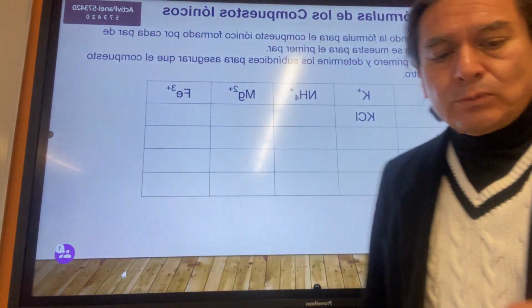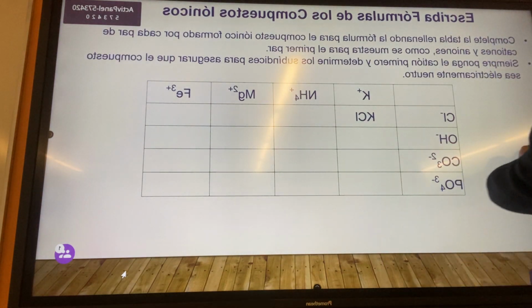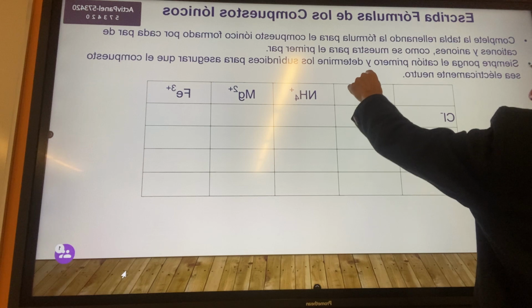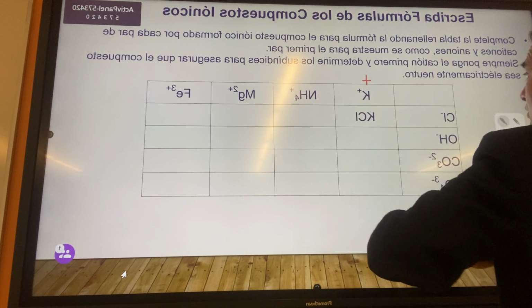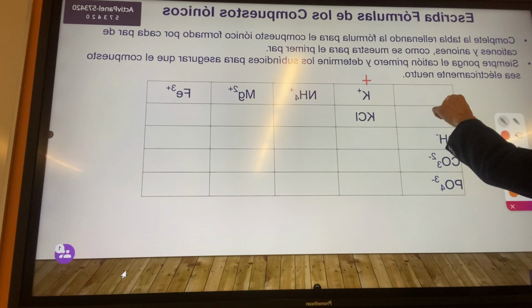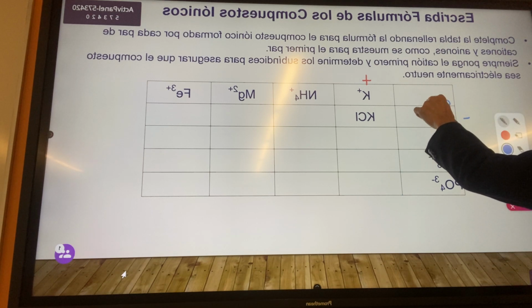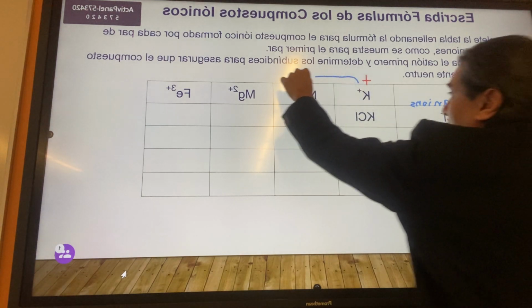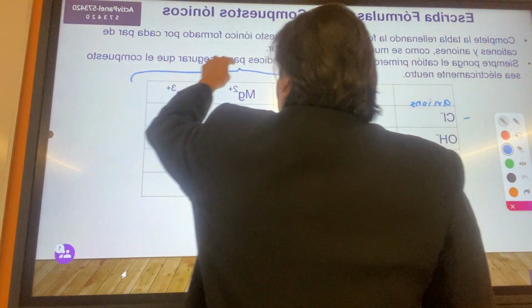The example that we're going to start with is potassium chloride. This is potassium. It has a plus charge of 1. And this is chlorine. So these are anions. And these are cations.